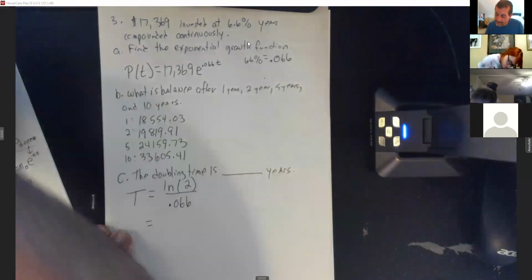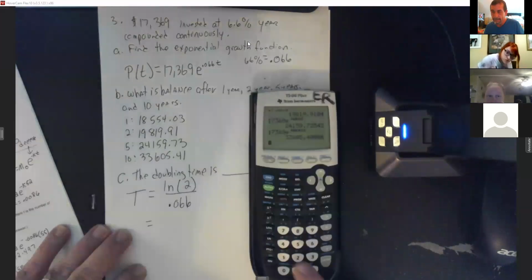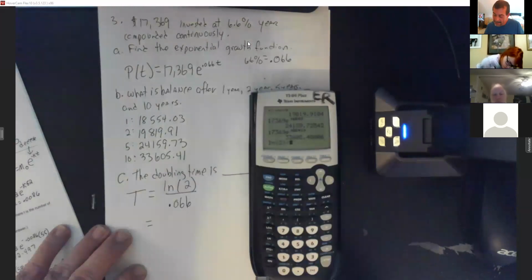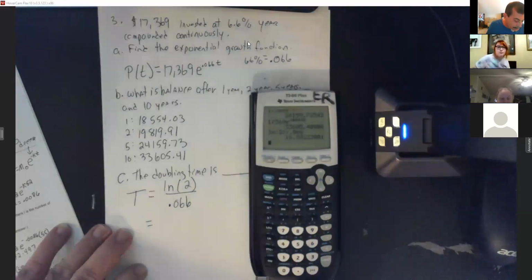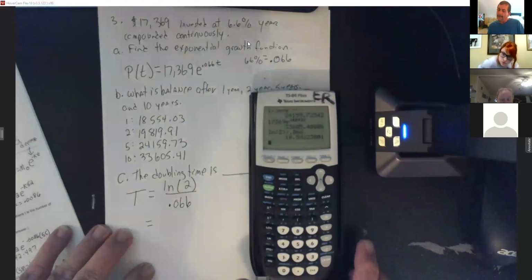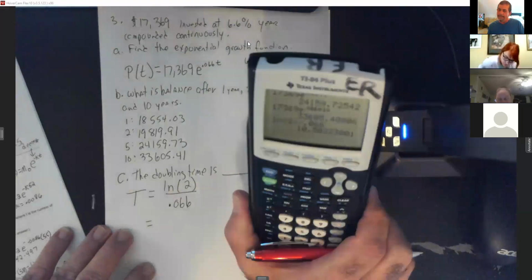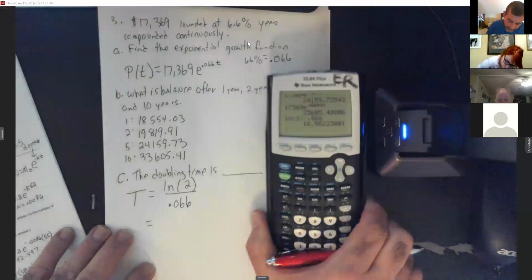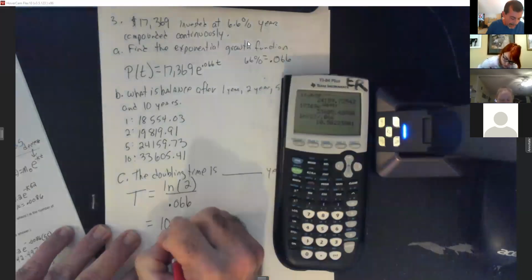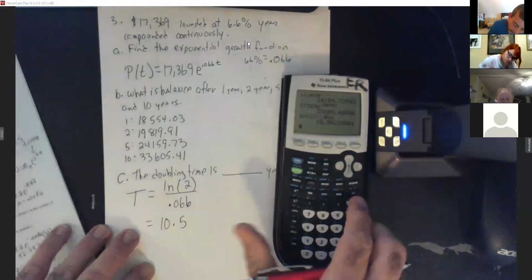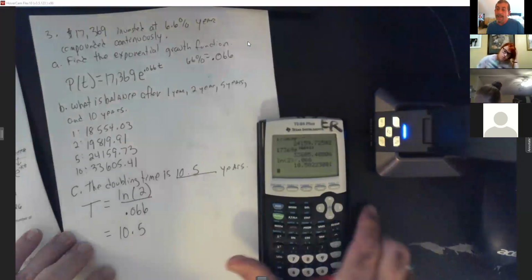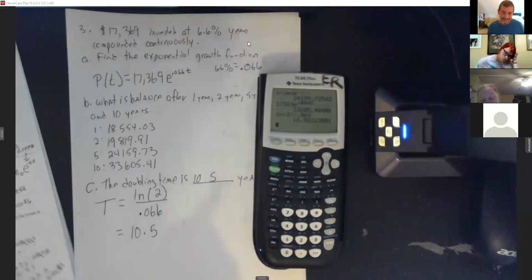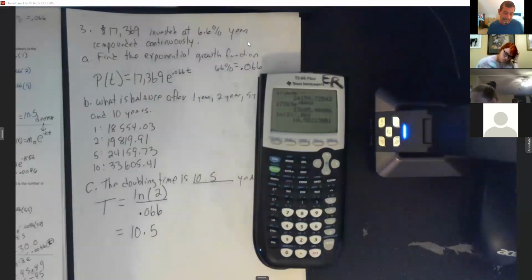So ln of 2, close parentheses, and divide by 0.066. Now we're going to round to 1 decimal place. So I got a 10.50, so I'm going to round that to a 10.5. So in 10.5 years, you can double your money at 6.6% interest. Not too bad.